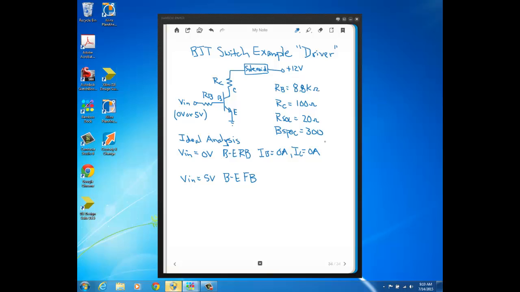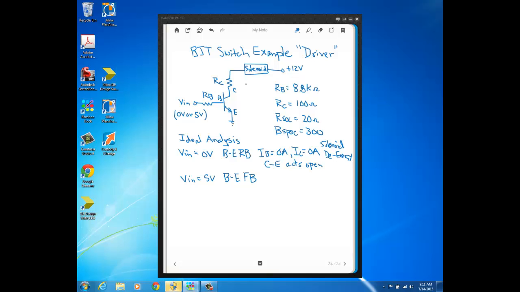So here the solenoid is just de-energized because your collector current is 0. And essentially your collector to emitter, like we talked about in the previous video, is acting like an open.